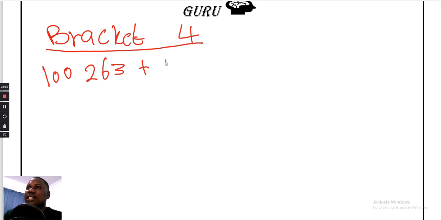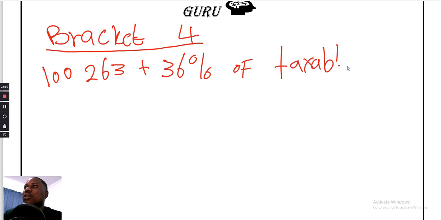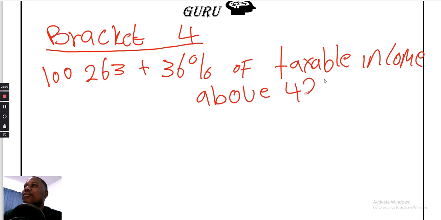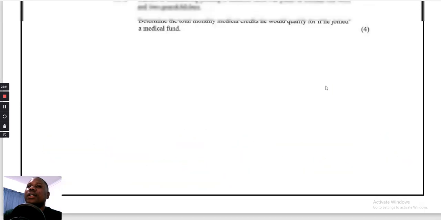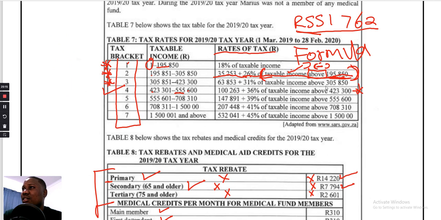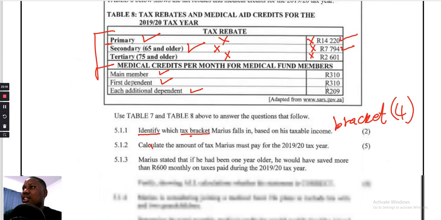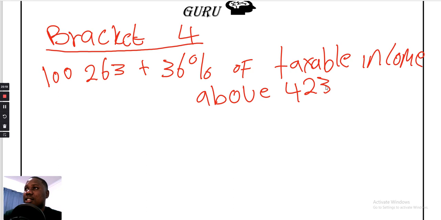Okay, plus 36% of taxable income above 423,300. So you see now, I have just written down everything the way it is.